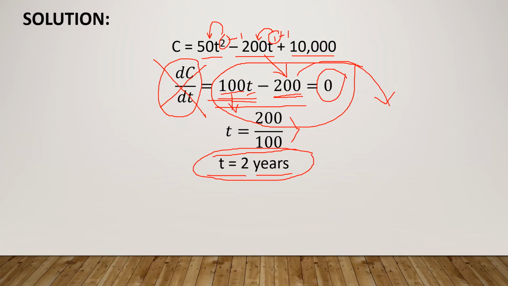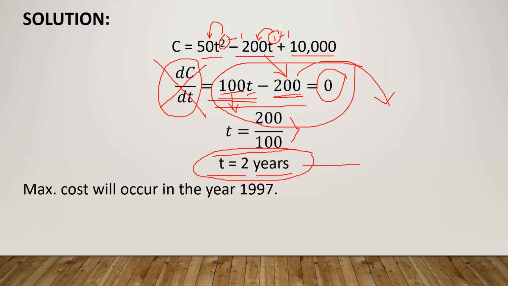And we're asked to find the maximum cost from the year 1995 to 2002. Since the computed t here is equal to 2 years, from 1995 we just simply add these 2 years to your 1995.